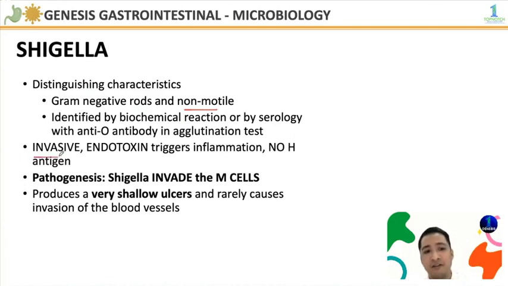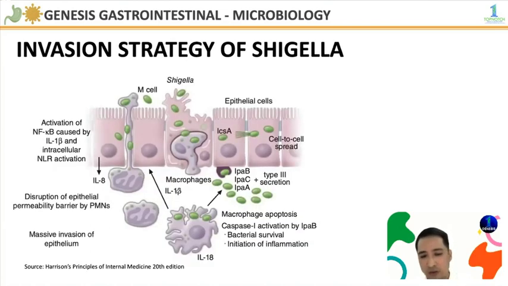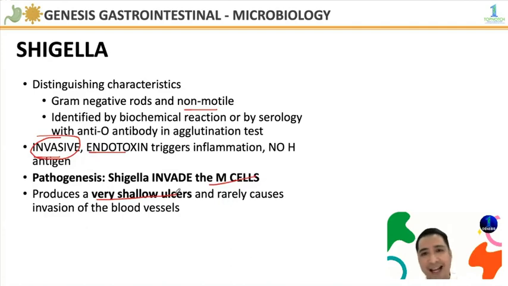Take note, they are invasive. Endotoxin will trigger the inflammation. They will invade the M cells, which will produce very shallow ulcers, and rarely it will cause invasion of the blood vessels.